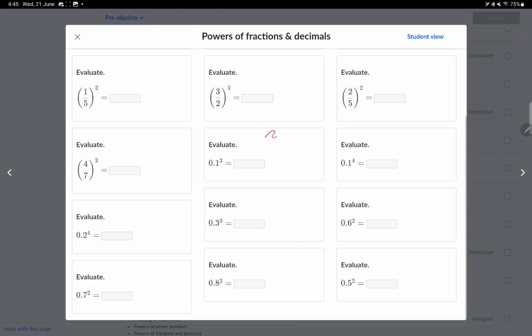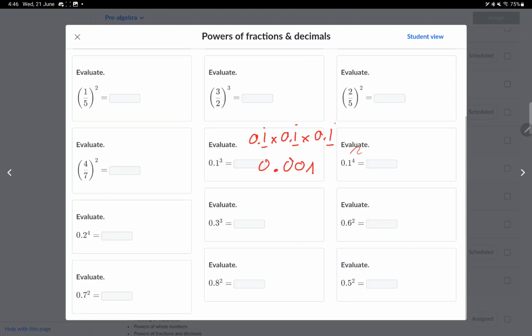Because it's 0.1 times 0.1 times 0.1, there are 3 decimal digits, so you move the decimal place 3 times afterwards. 1 times 1 times 1 is 1, then move the decimal place 3 times, so 0.001 is the final answer.